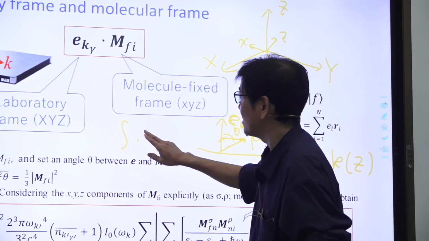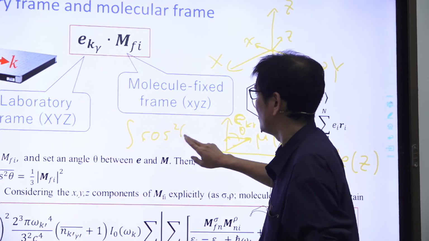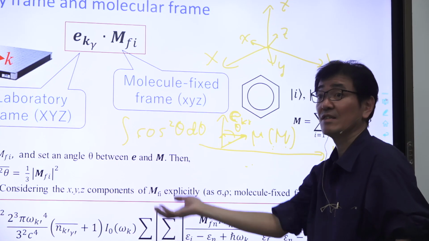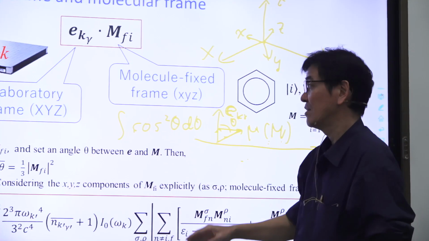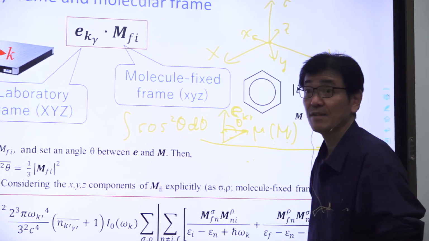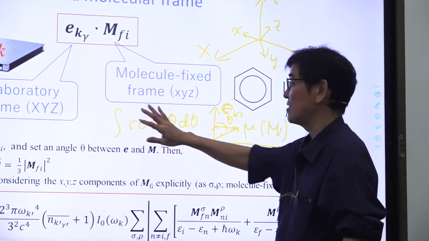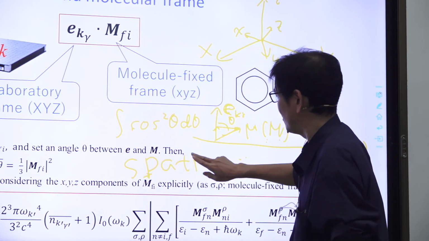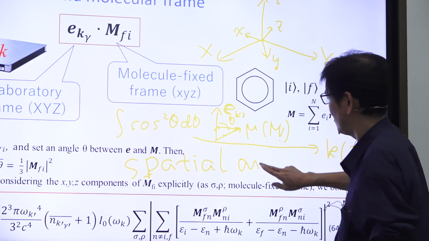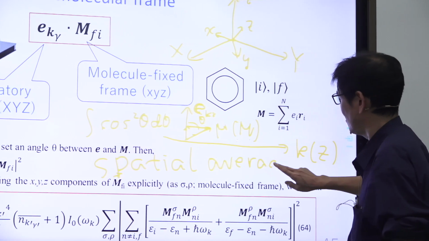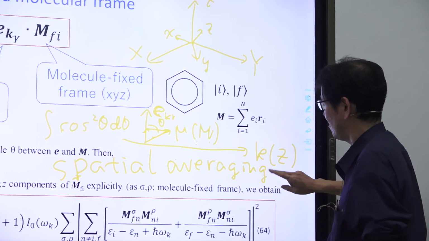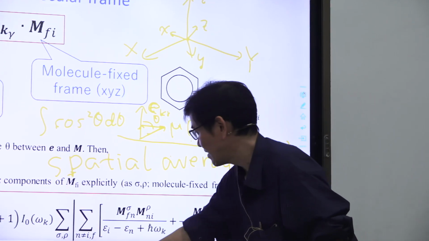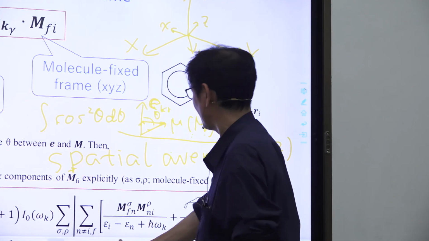And by integrating over all angle theta, it becomes 1/3. So this is a spatial averaging. That's it. Okay. Next.